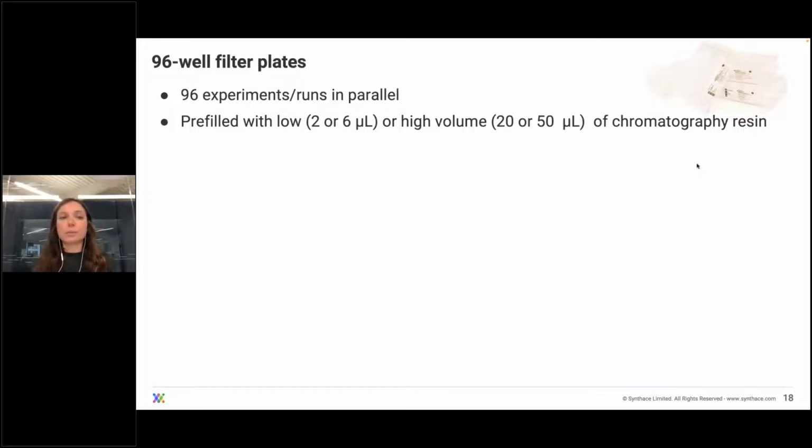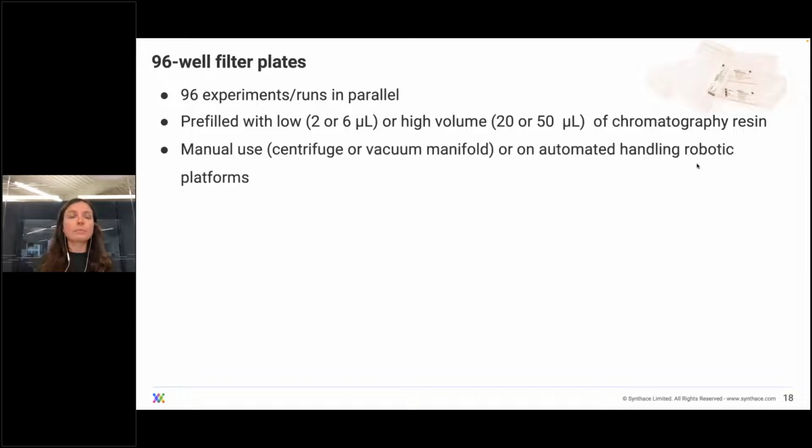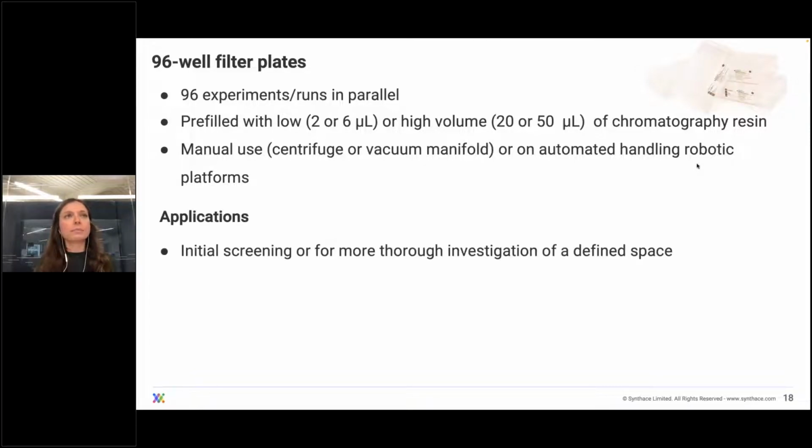And once again, you're really spoiled for choice when it comes to the types of resins available. Here, I actually have to highlight that it's great that these plates can be used both manually and also on automated liquid handlers. So manually with a centrifuge or a vacuum manifold. So you can imagine a scenario where you combine both. So you do parts manually, part on the liquid handler.